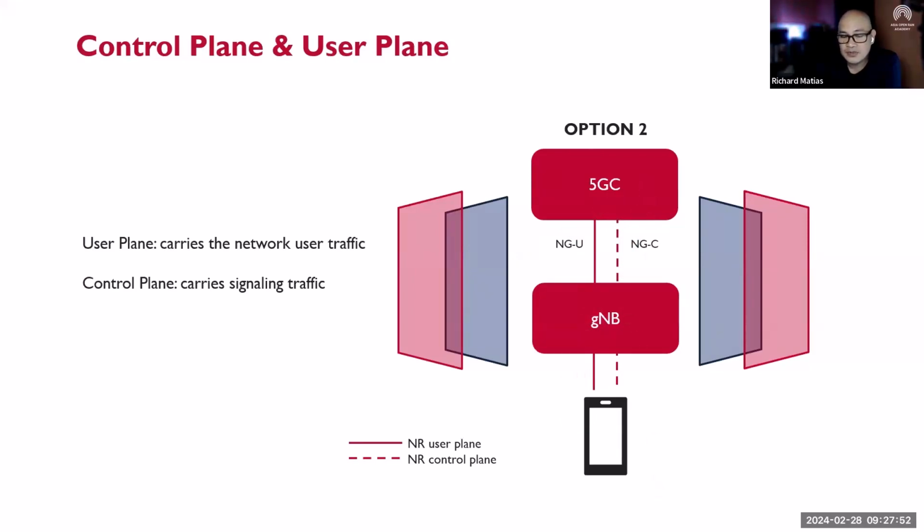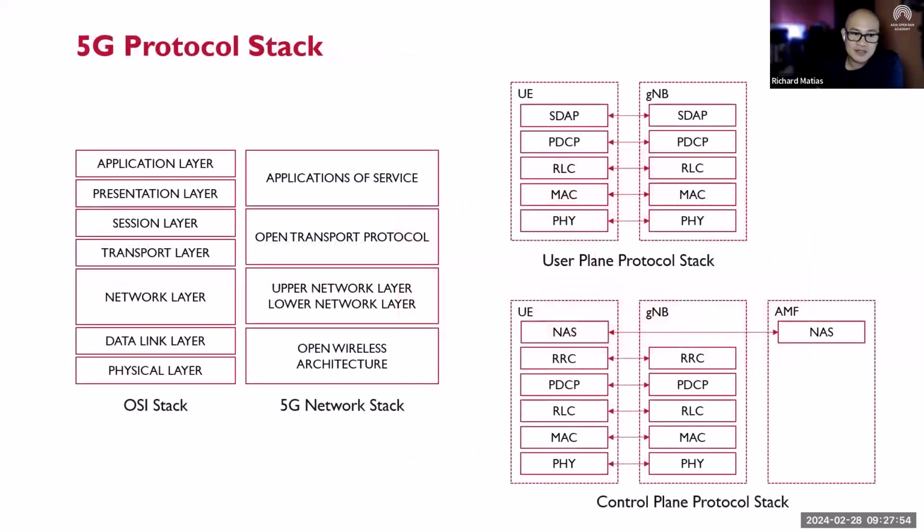If you see the protocol stack of 5G, it looks like this. There is a user plane protocol stack from the UE to the gNodeB, where the communications happen in the SDAP, the PDCP, the RLC, the MAC, and the physical layer, as well as the control plane protocol stack.